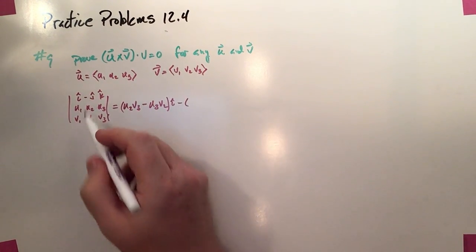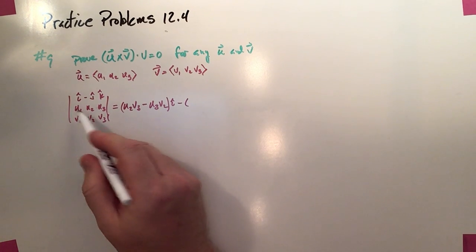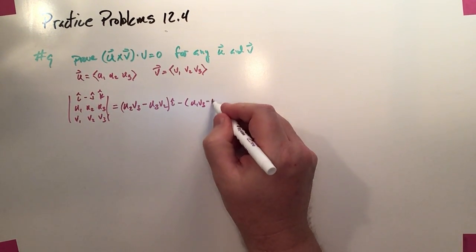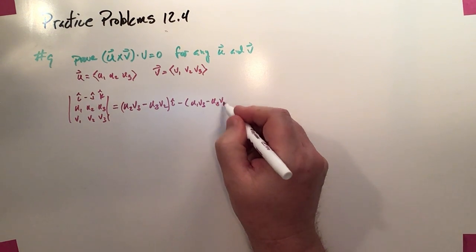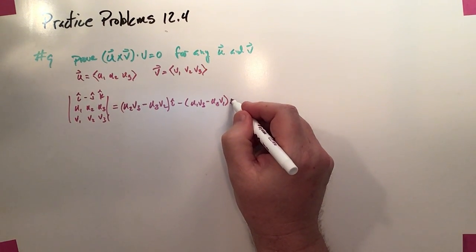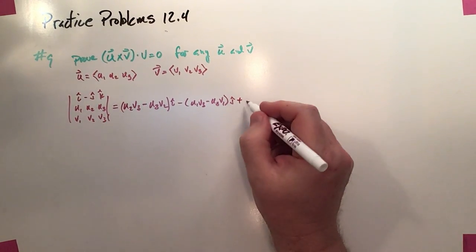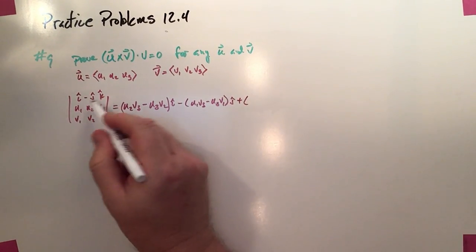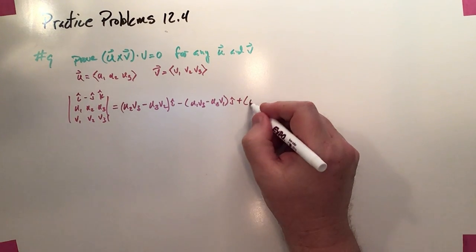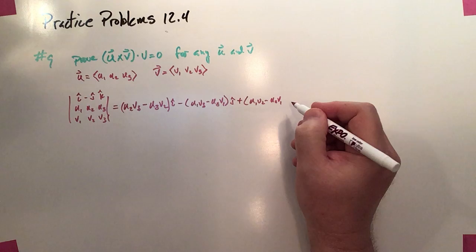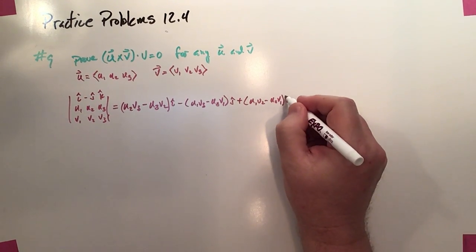Minus, block off the j row and column, u1 v3 minus u3 v1. And that's in the j hat direction, or along the y direction. Finally, plus, block off the k row and column, u1 v2 minus u2 v1. And that's in the k hat direction.